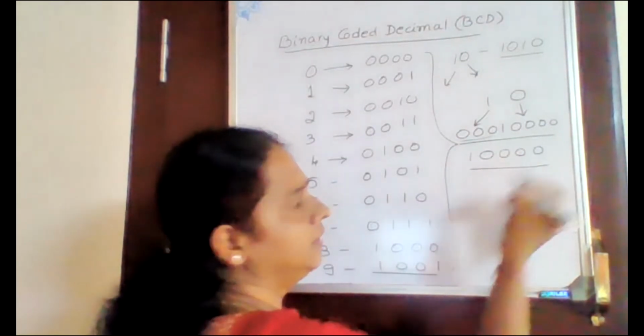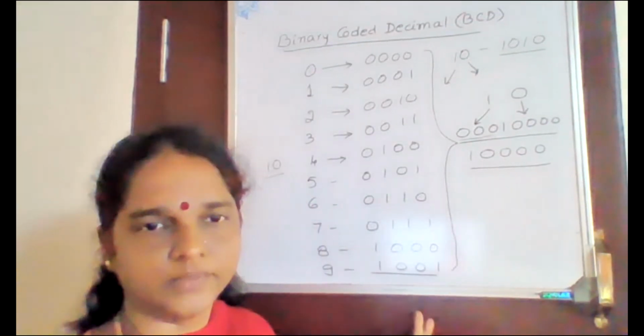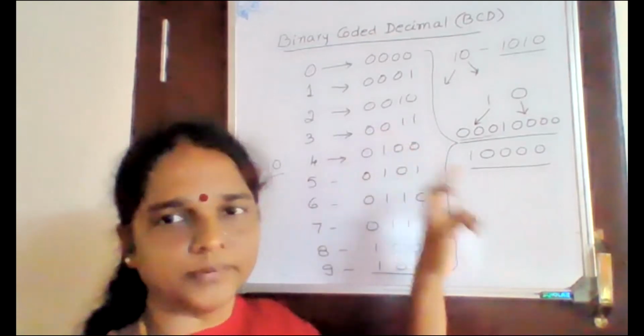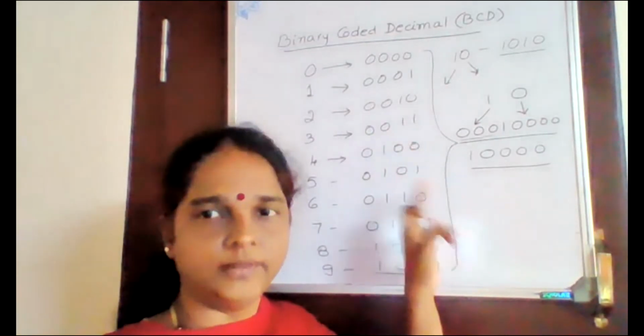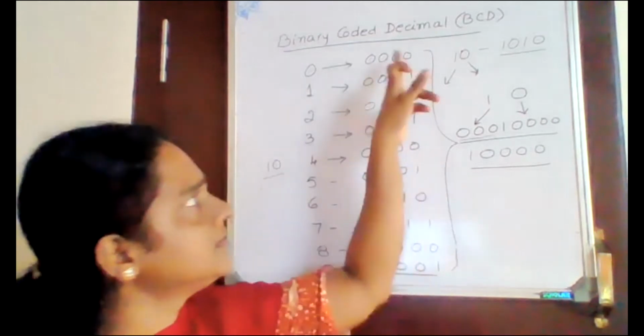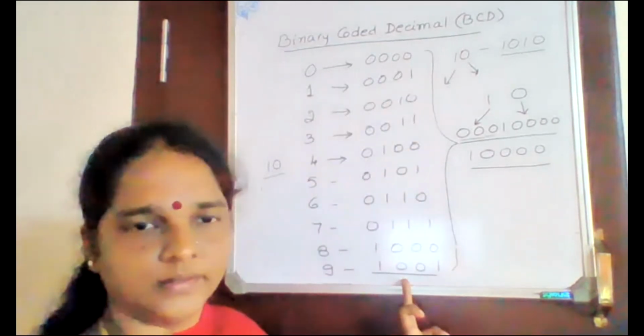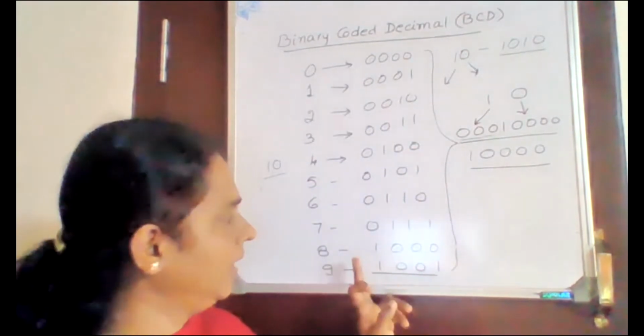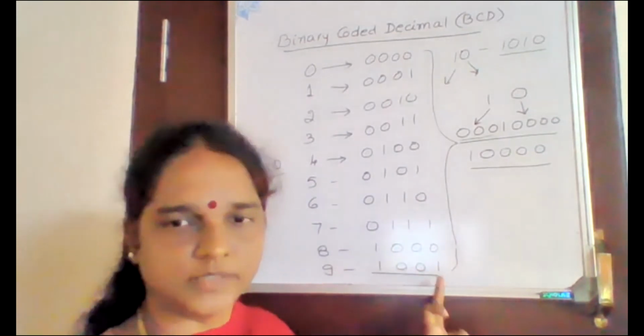So the difference between binary representation and binary coded decimal representation is that BCD consists of only 10 numbers, up to 1001.